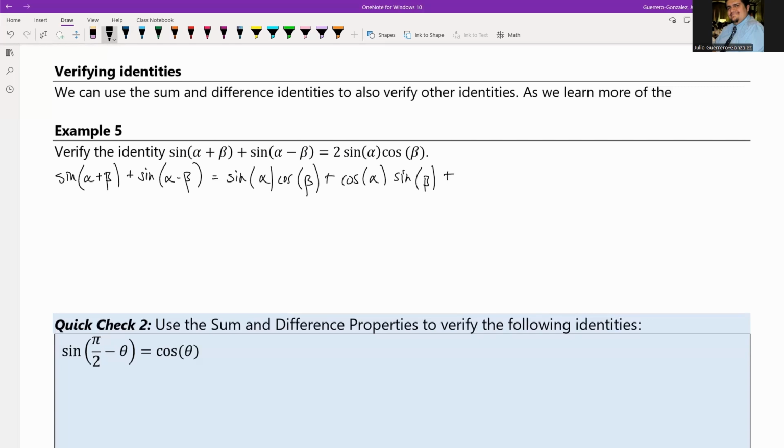The subtraction one is going to be sine alpha cosine beta minus cosine alpha sine beta.